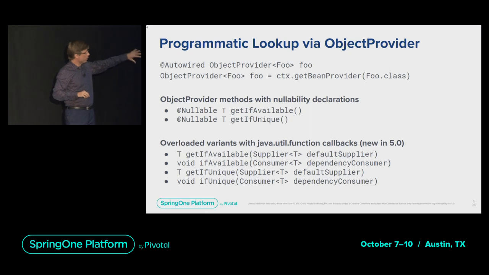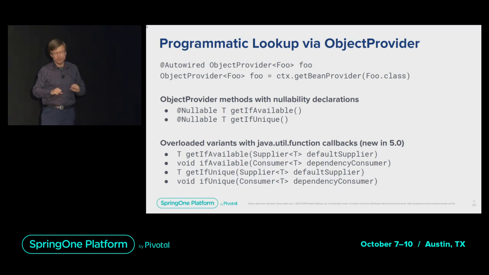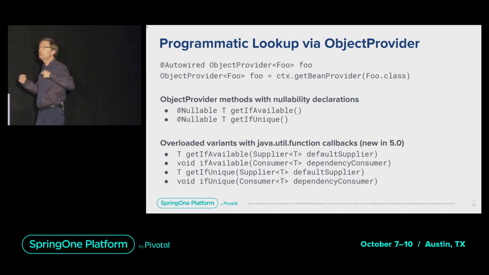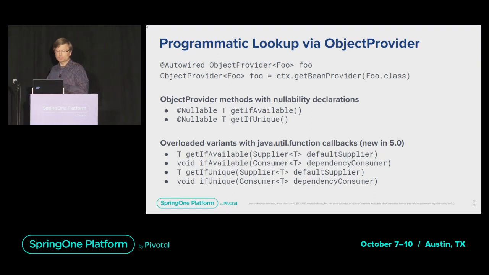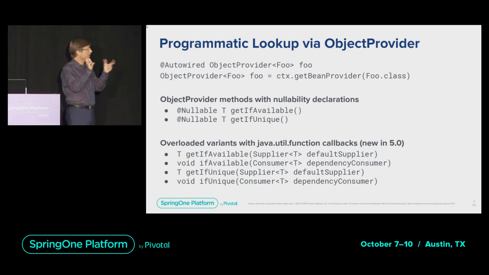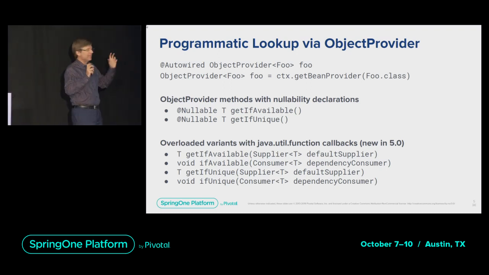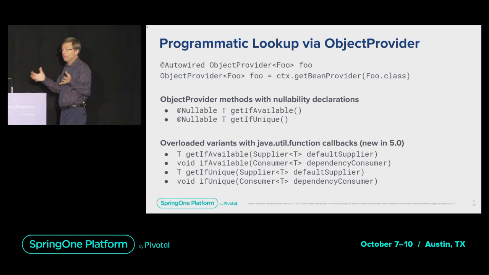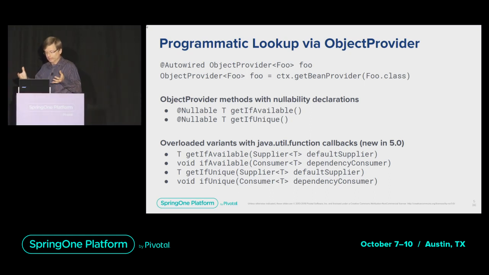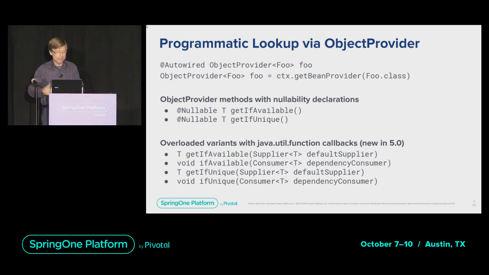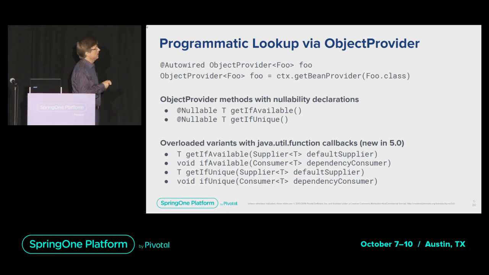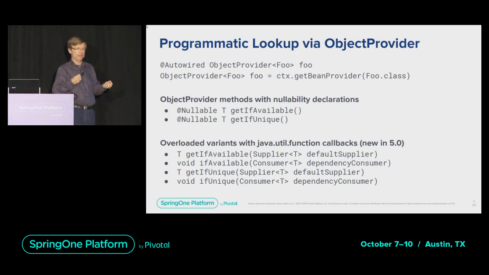Now, that's not where we stopped our efforts. A good indication for what we've been doing recently and what we keep doing here are the methods below. We introduced new methods now to the existing interface with a slightly different arrangement, right? A slightly more functional arrangement. Java 8 as a generation of the API that comes with Java also introduced a sort of functional style, collection streams, the java.util.function interfaces.